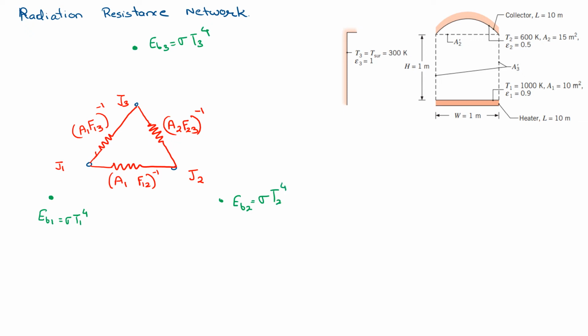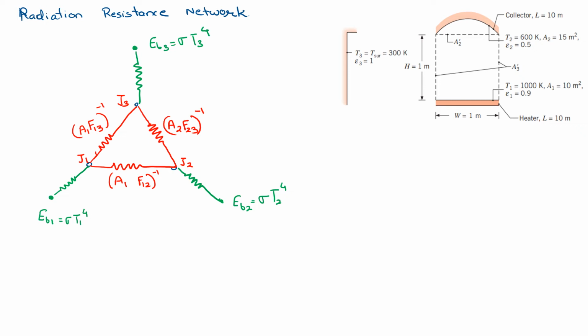The resistance between them will look like this. This was J2 here, and this is J1.